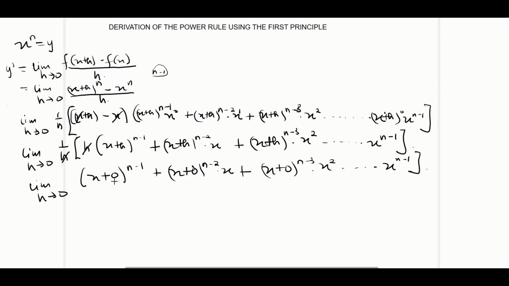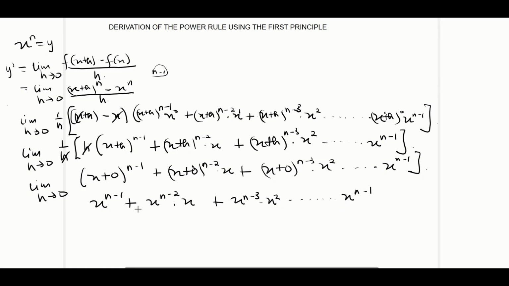When we simplify this further, we are going to be left with x to the power n minus 1 plus here this is 0. So we are just left with x^(n-2) multiplying x. This is also plus x^(n-3) multiplying x to the power 2, all the way up to the last term, x^(n-1).